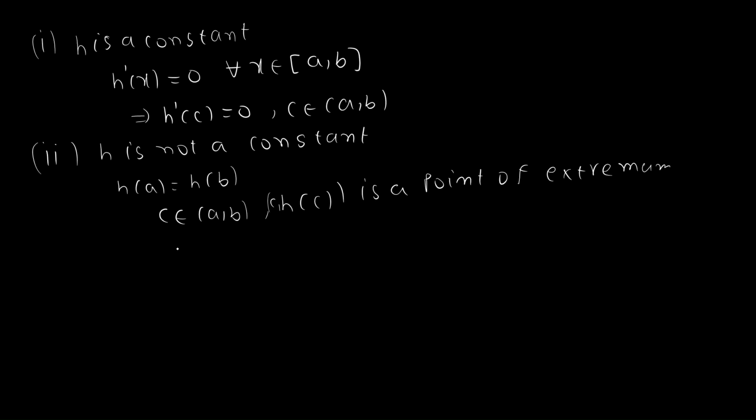And from Fermat theorem we already saw that the derivative at any point of extremum, if the function is differentiable, is h dash of c equal to 0. So in each of the two cases you can see that h dash of c is equal to 0. Therefore this will prove our Rolle's theorem that there will always exist a c belonging to a comma b such that h dash of c equal to 0 provided h of a is equal to h of b.